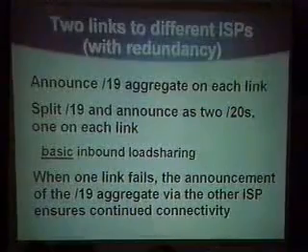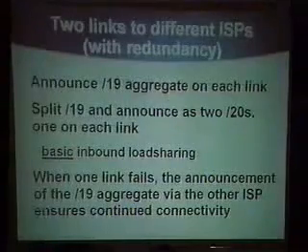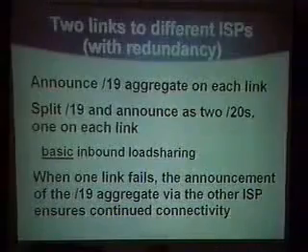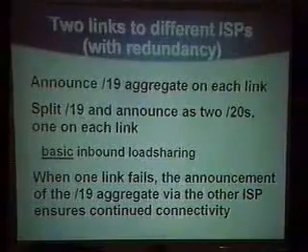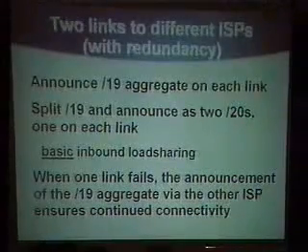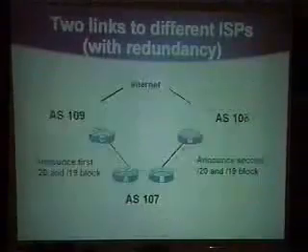But it gives you a start. Don't try and come up with some convoluted load sharing for the very first step. Start simple, make it more complicated. And again, when one link fails, the announcement of the /19 aggregate via the other ISP ensures continued connectivity. Always announce the /19, always announce the aggregate.